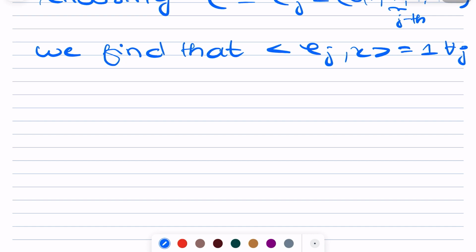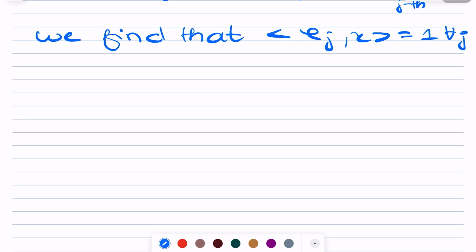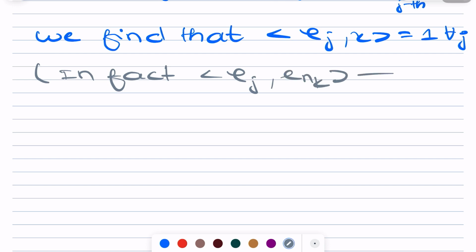Okay, why is it equal to 1? Let me just give you a quick proof. In fact, phi_j applied to e_nk actually goes to 1 for every j.